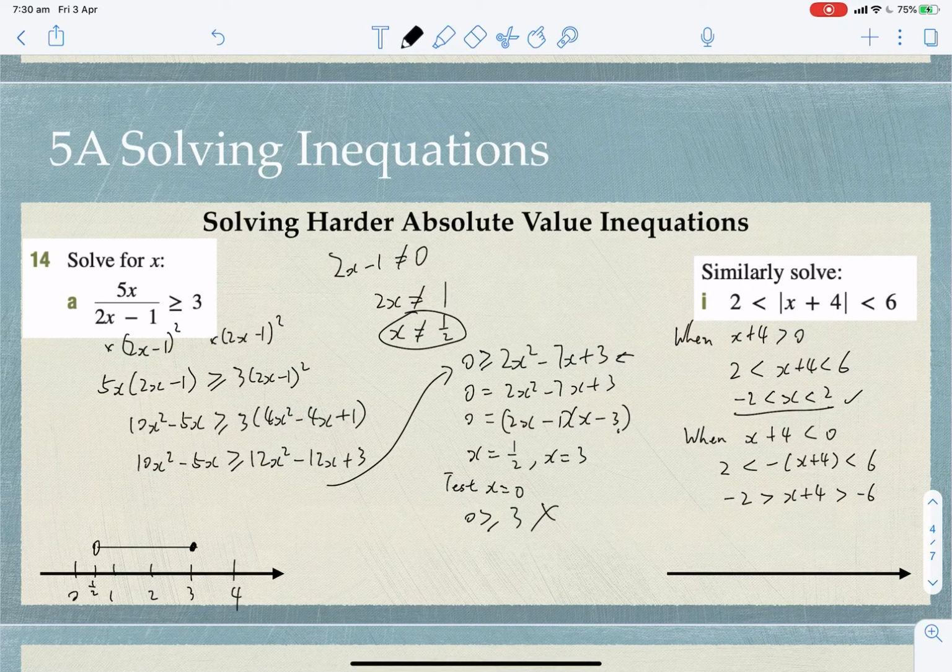And then we minus 4 on all sides, so that would be negative 6 larger than x larger than negative 10. Okay, so it makes sense too.